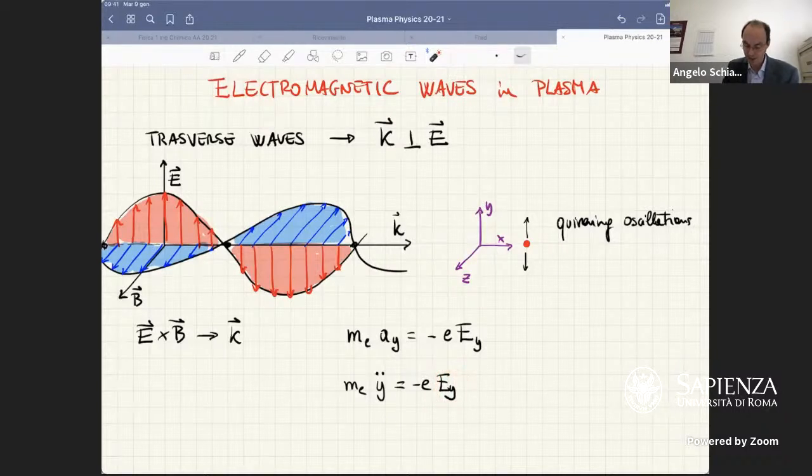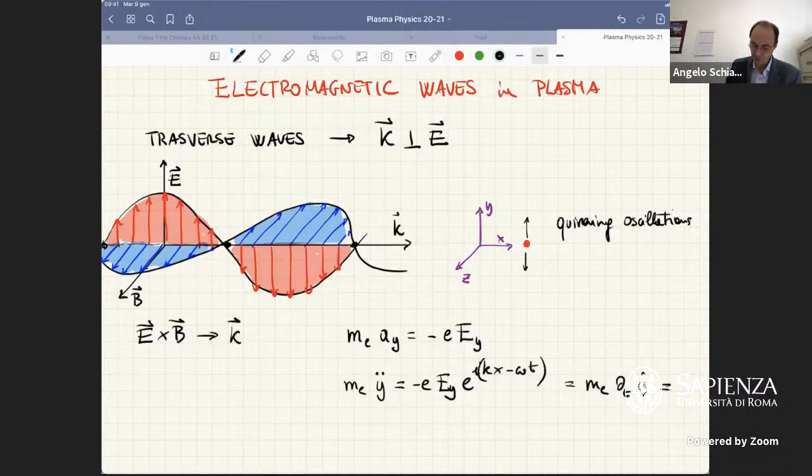So we actually put here the wave term kx minus omega t, given that the electric field is oscillating in the y direction and the wave is propagating as a plane wave along the x direction. Okay. Now, the first term is just the mass of the electron times the derivative with respect to time of the velocity.